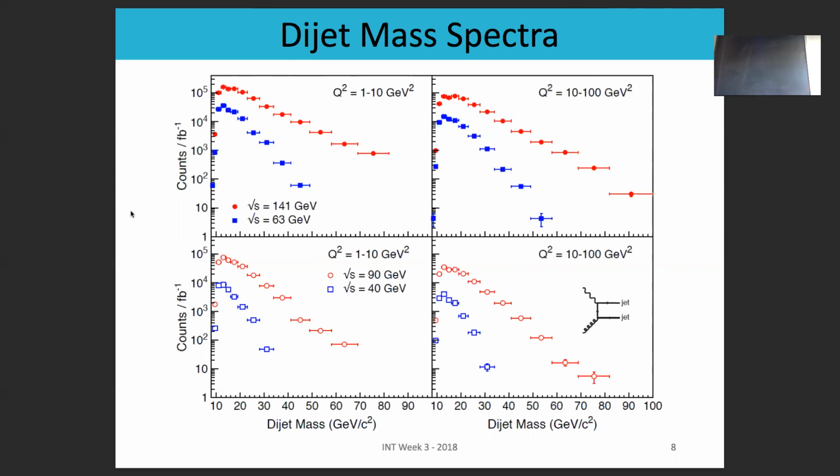Again, this is from the photon gluon fusion process. Same kind of story: the lower we can go, the better. If we start placing cuts on jet pT that are too high, we cut off a lot of our statistics.